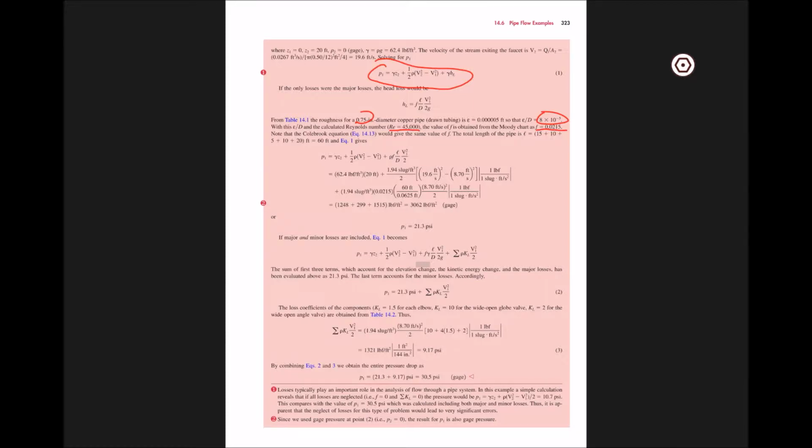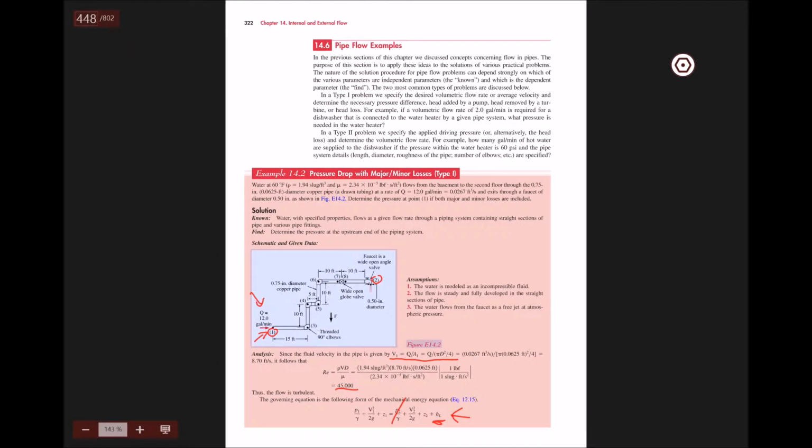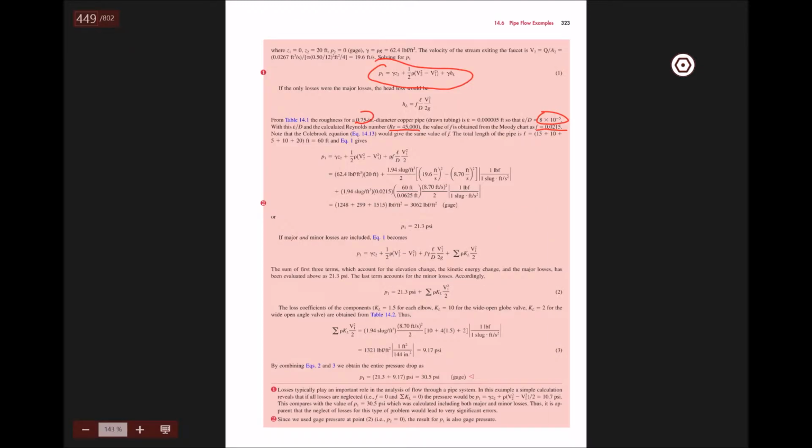What we need to be able to calculate is the velocity at point 2, and again the velocity at point 2 is just going to be Q over A2. So the velocity at point 2, V2, is Q over A2.